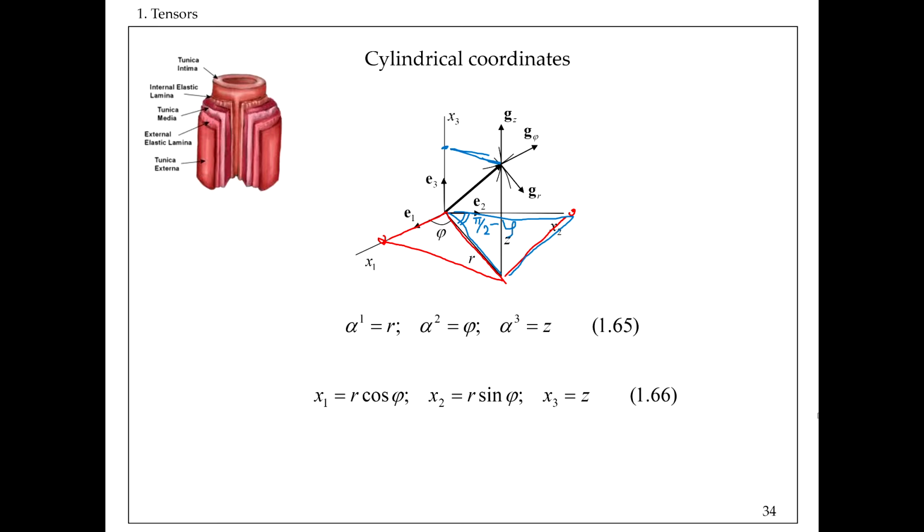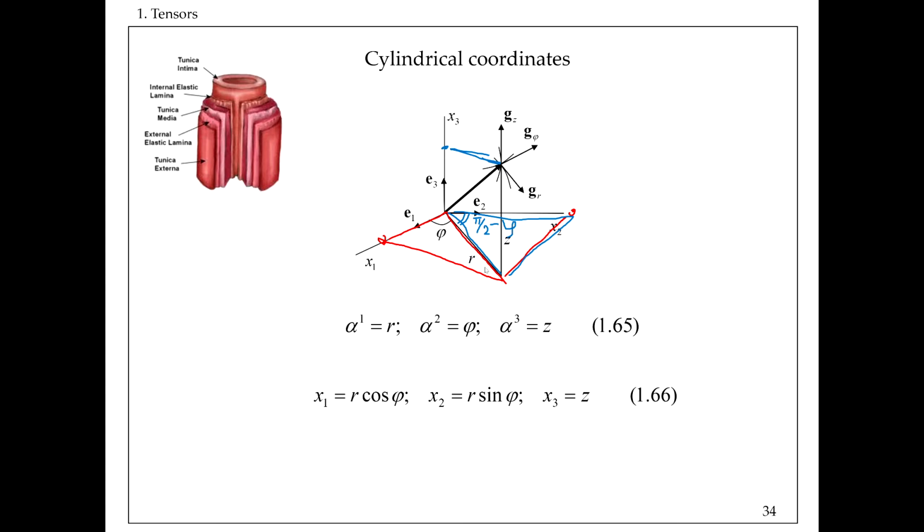We can easily reconstruct the inverse relationship and explicitly write what r and phi are. You can see, for example, that r can be expressed purely on the basis of the geometry here, because that will be x1 and that will be x2.